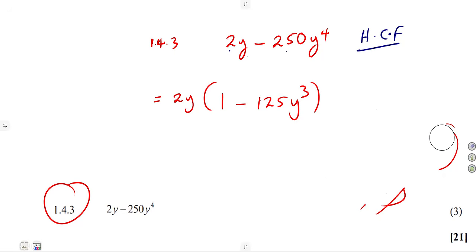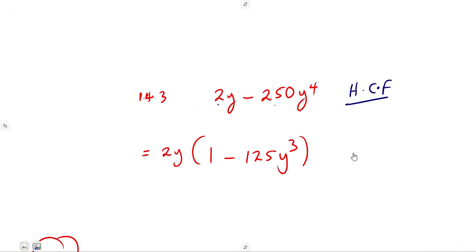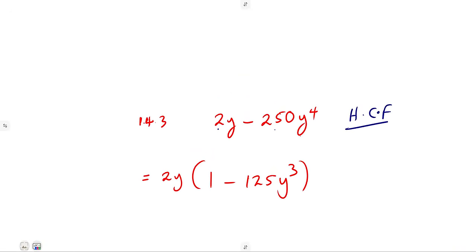Okay, anyways, let's see what we have. As we factored out the 2y there, what is remaining inside of the bracket? It is something that is important in our factorization, which is the difference of what? Of 2 cubes, to the exponent of 3. 1 can be written as 1 to the exponent of 3. That's a perfect cube.